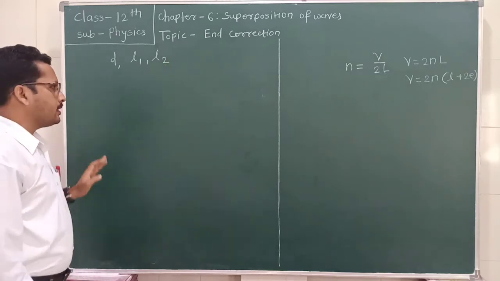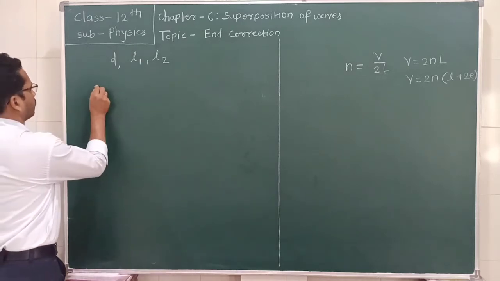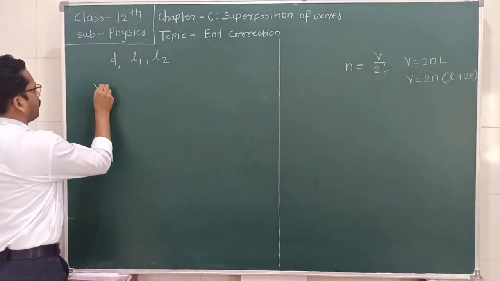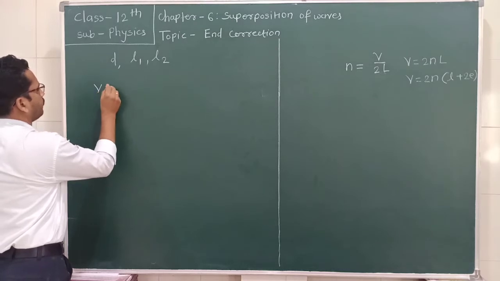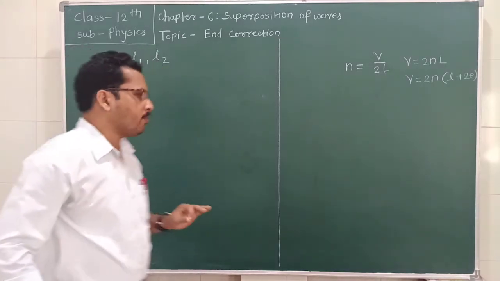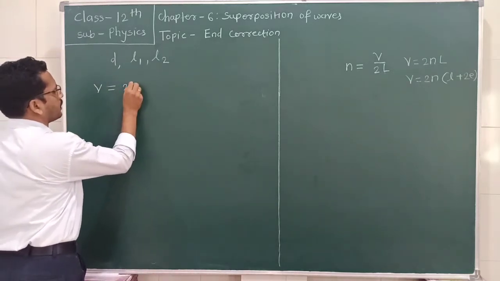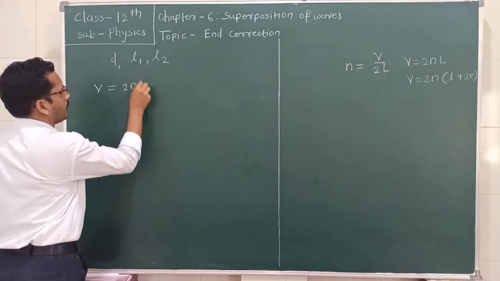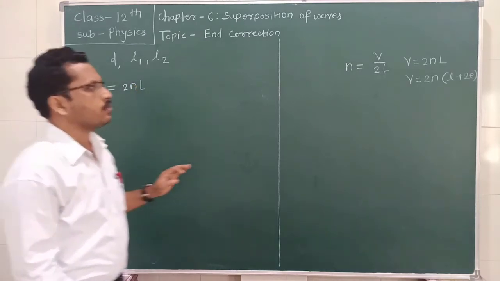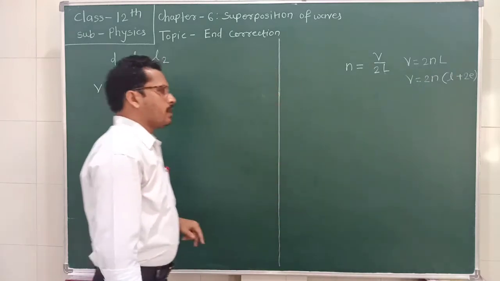Okay, so consider that we know the velocity of the sound in a pipe open at both ends. This V is equal to twice N L, where L is the effective length.